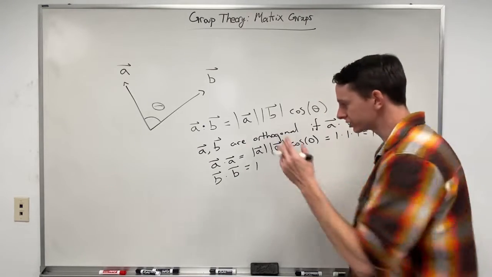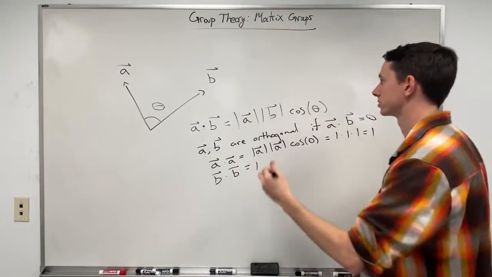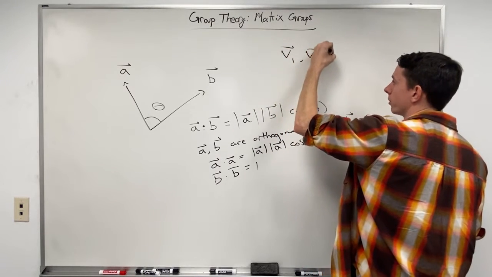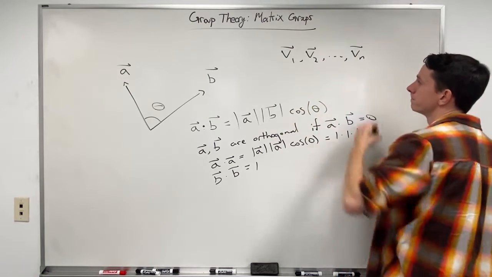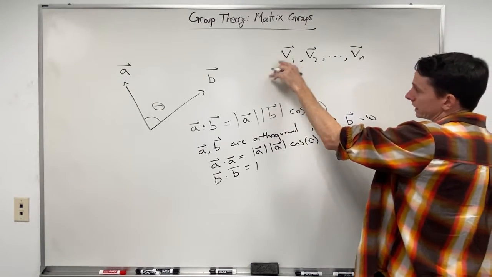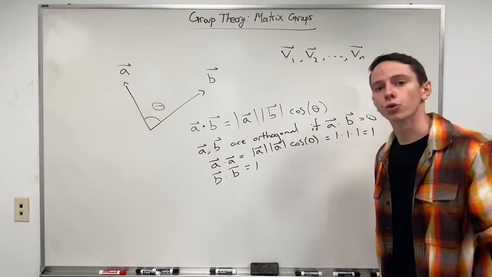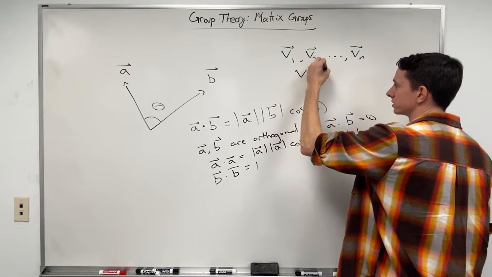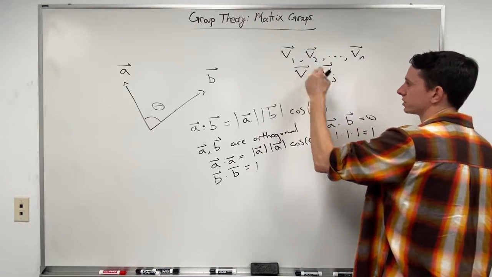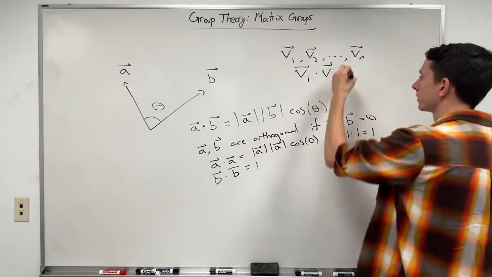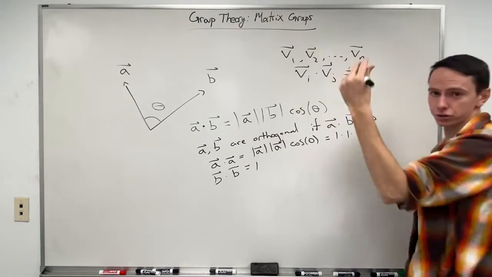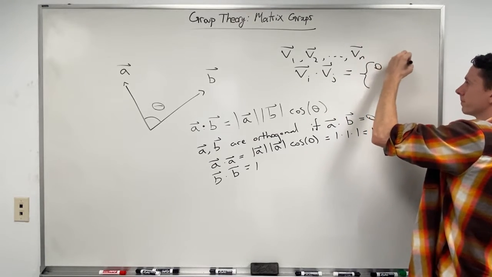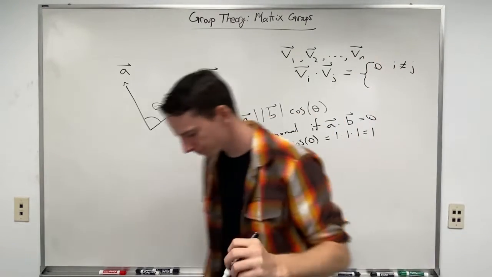And we could generalize this not just to 2 vectors, but to a set of n vectors. Maybe if I had a set of n vectors, v1, v2, all the way through vn, then each of these vectors are going to be orthonormal with each other if the following condition is satisfied. If I were to take the dot product between any two vectors in my orthonormal set, then the dot product is going to be 0 if i is not equal to j.